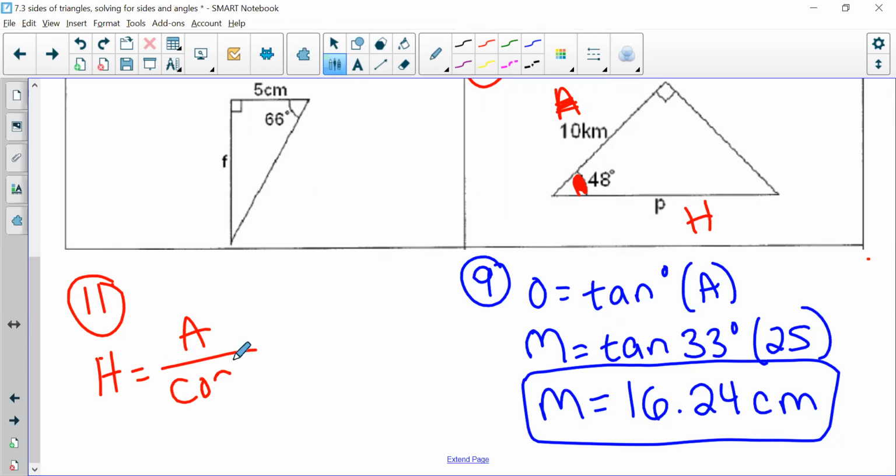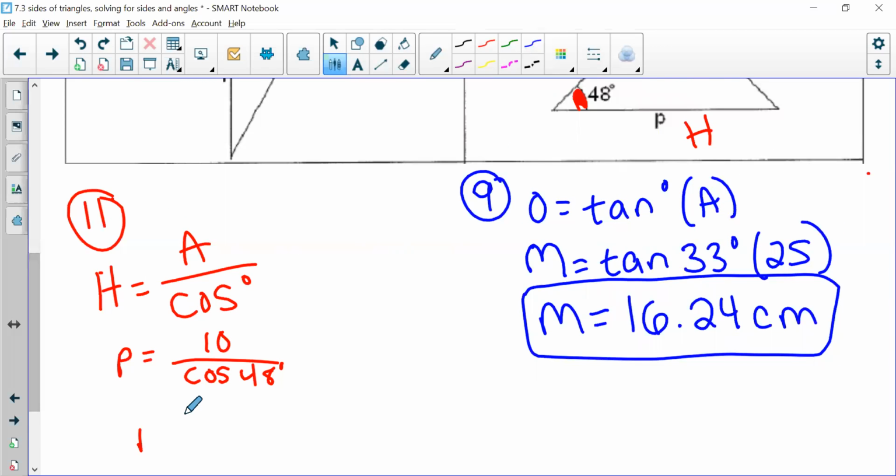How big is A? 48 divided by cosine of 10. Oh, so the angle has to go with cosine, Lauren? Oh, just kidding. 10 divided by cosine of 48. Awesome. Okay, 10 divided by cosine 48.